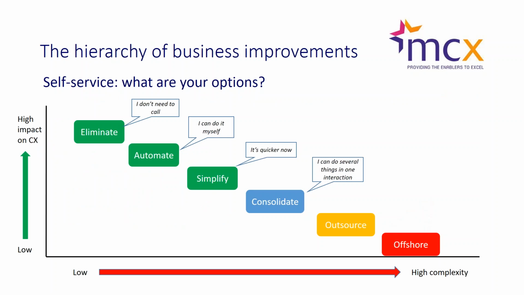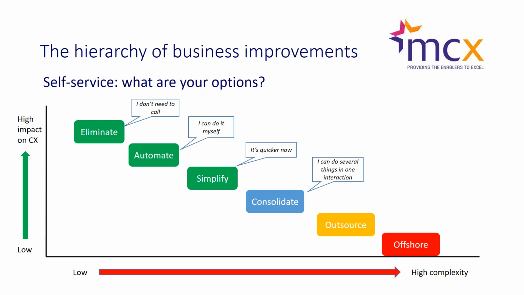And in terms of framing why this is an important topic, I want to start by just reminding everyone of almost a kind of hierarchy about how you can make business improvements in your contact center. So on the left-hand scale is the impact on customer experience, and the bottom scale is the degree of complexity. So if you can find ways to actually eliminate the need for customers to call, then that is extremely beneficial for those customers that want to do things themselves.